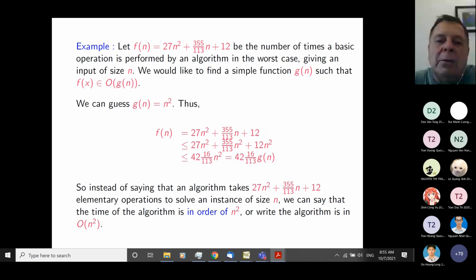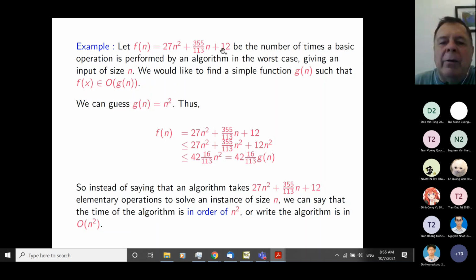This is just the number of times one basic operation is executed, and we assume that basic instruction is the one that is executed the most often. And now we want to know in which class we can put the running time of this algorithm. So I have to find a g(n) that is going to bound this expression.